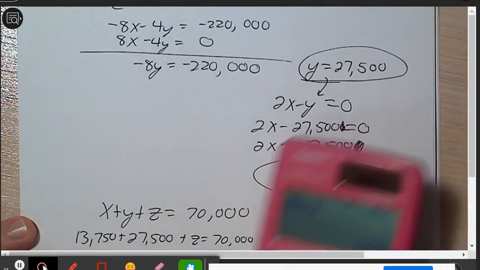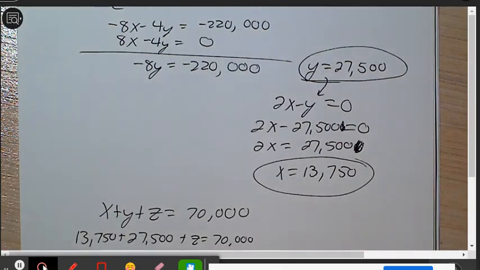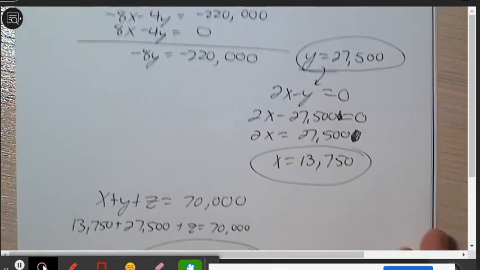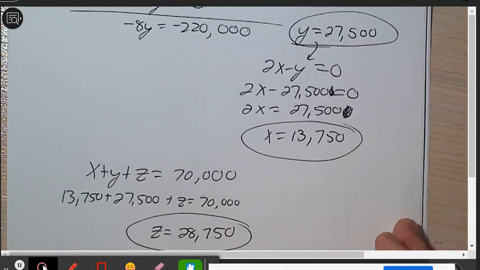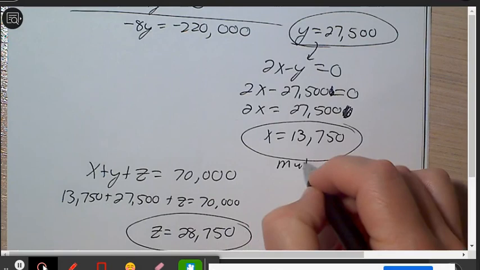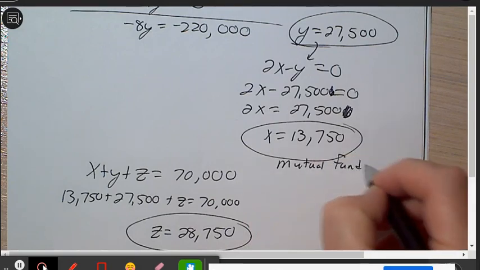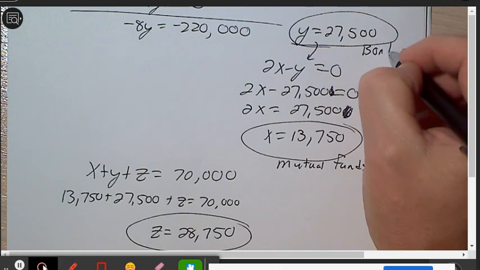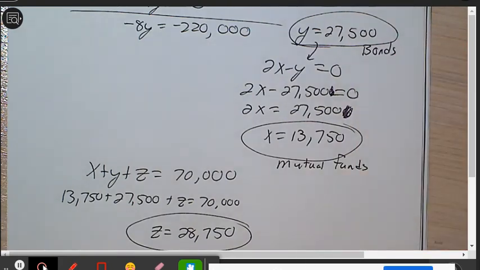If we do that, it should be 28,750 for Z. Okay, and again, what we set this up was X was mutual funds, the Y was bonds, and this was your fast food.